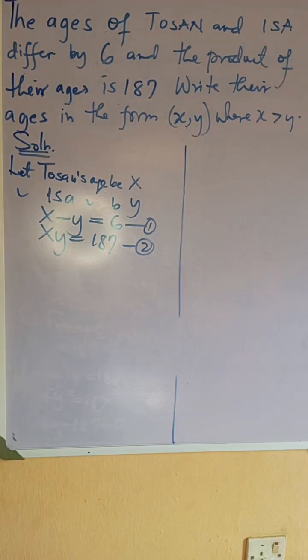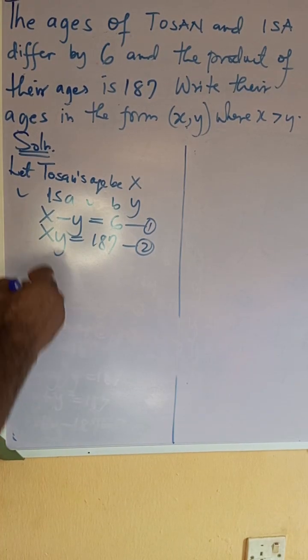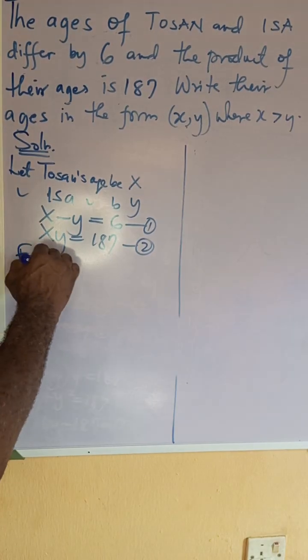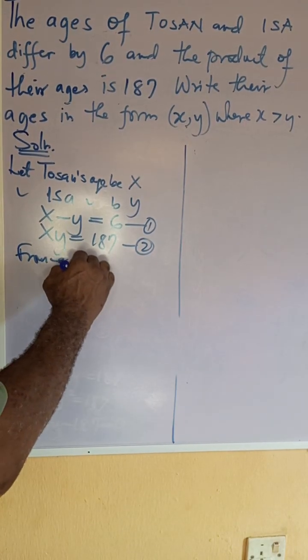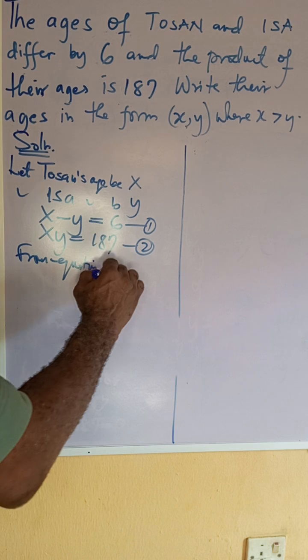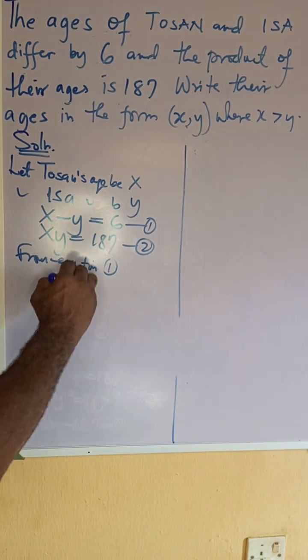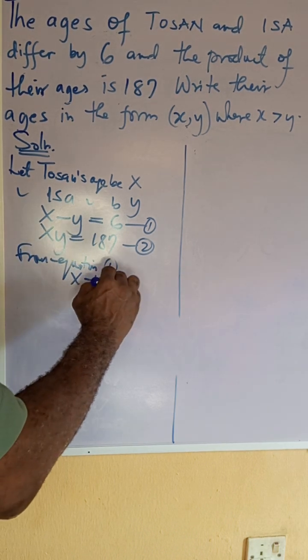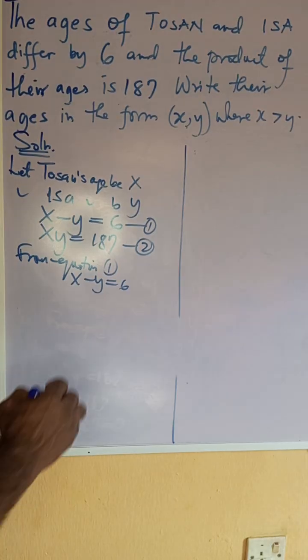All right, so we make progress. We need to generate a third equation to facilitate the solving of this problem. How do we go about it? From equation 1, x minus y is equal to 6.